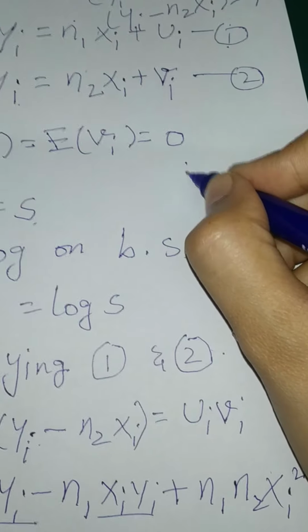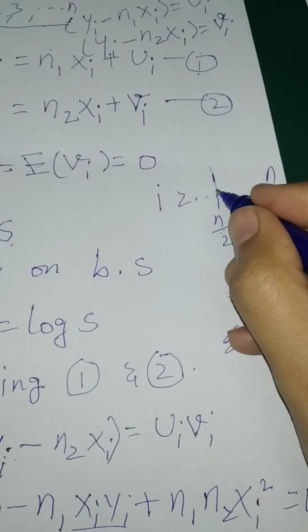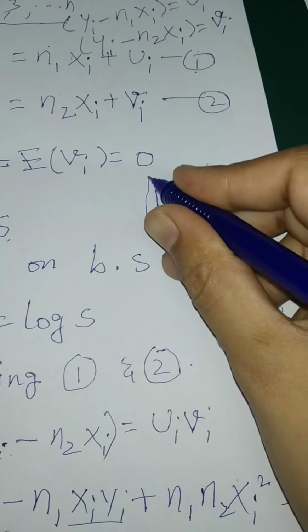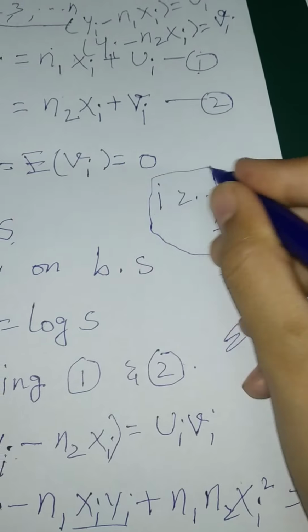If I stop in between, this part will be n by 2, and the thing which comes after n by 2 is n by 2 plus 1. So I will make this half and this half.